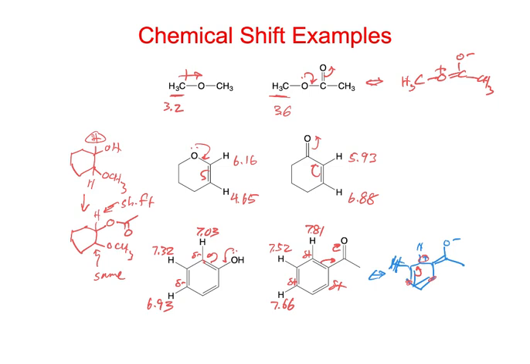Same with the left one, we put the minus charge on the ortho position, but then we can draw another resonance that goes to the para position, another resonance back to the other ortho position, right? Another resonance back out onto the oxygen. Okay. Great.